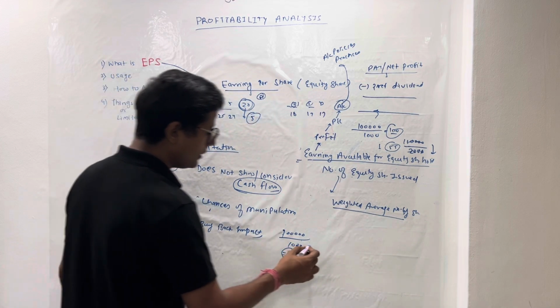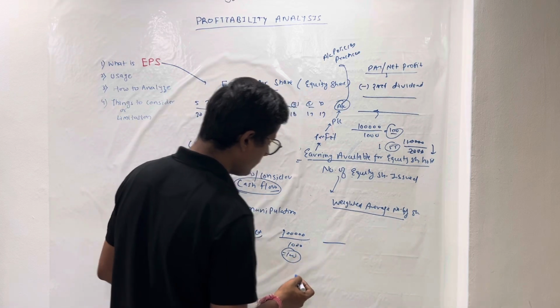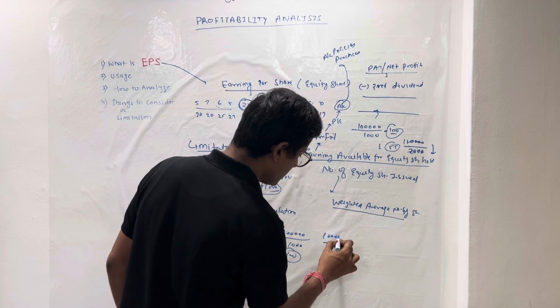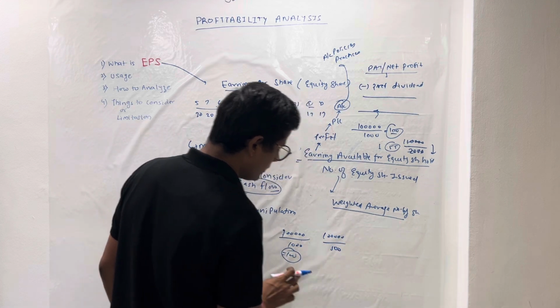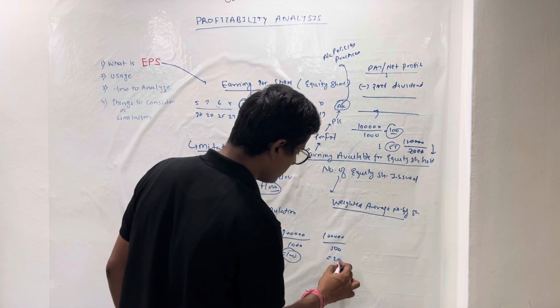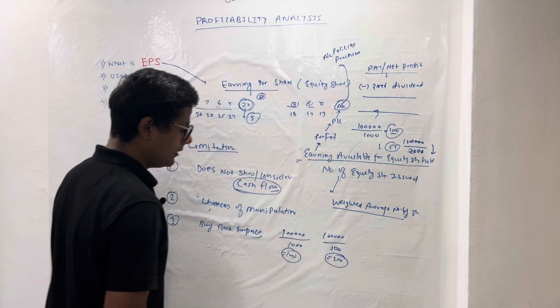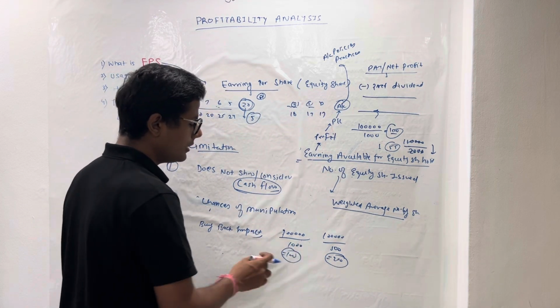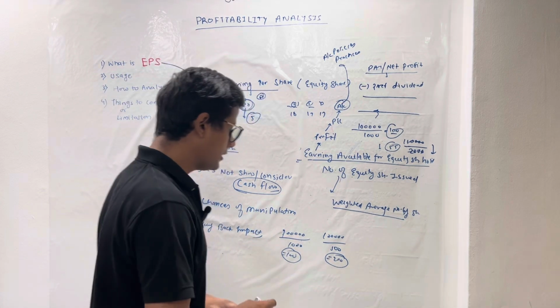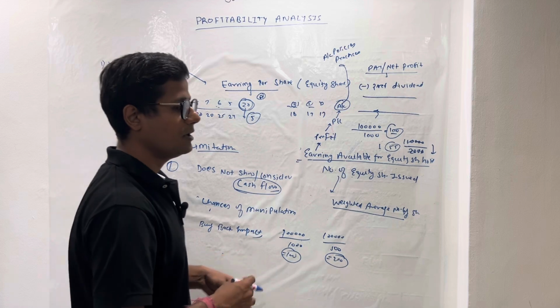But if the company buys back 500 shares, earnings would still be the same, but the denominator changes because now the shares are 500, so suddenly your EPS jumps to 200. From 100 it became 200, but even if my EPS is increasing, it doesn't mean my earnings have doubled.